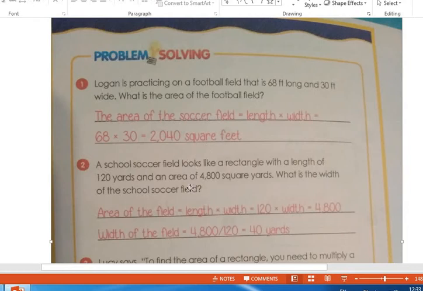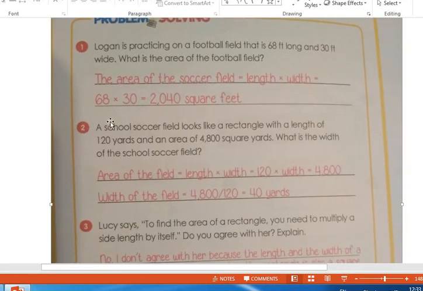A school soccer field looks like a rectangle with a length of 120 yards and an area of 4,800 square yards. What's the width of the school soccer field? I have here area of the field equals length times width equals 120 times width equals 4,800.